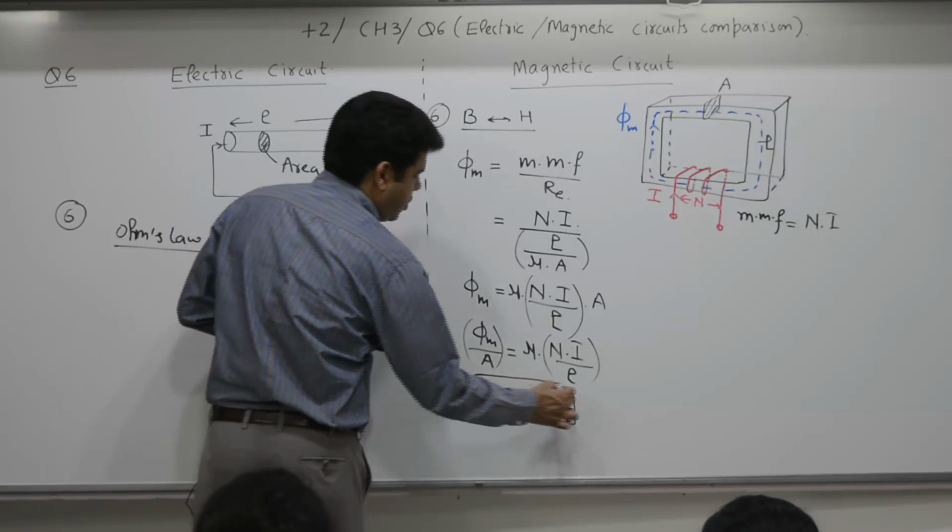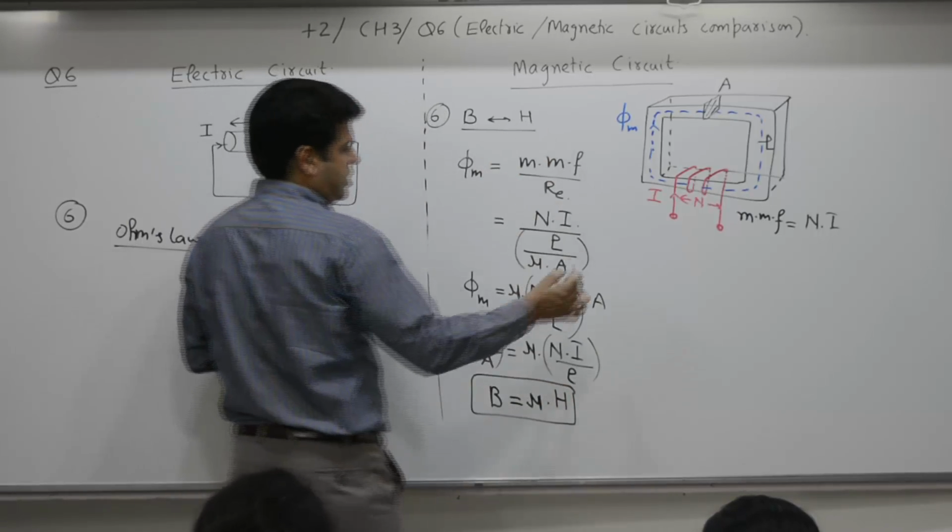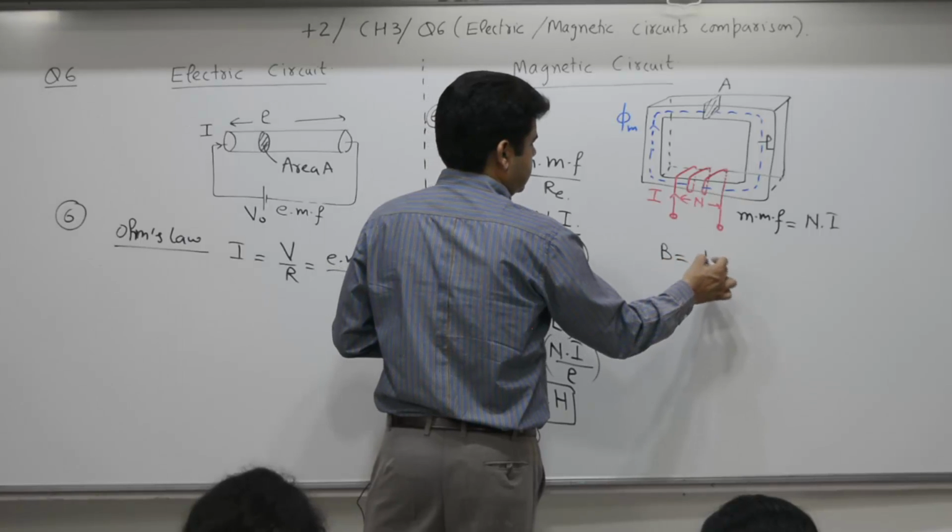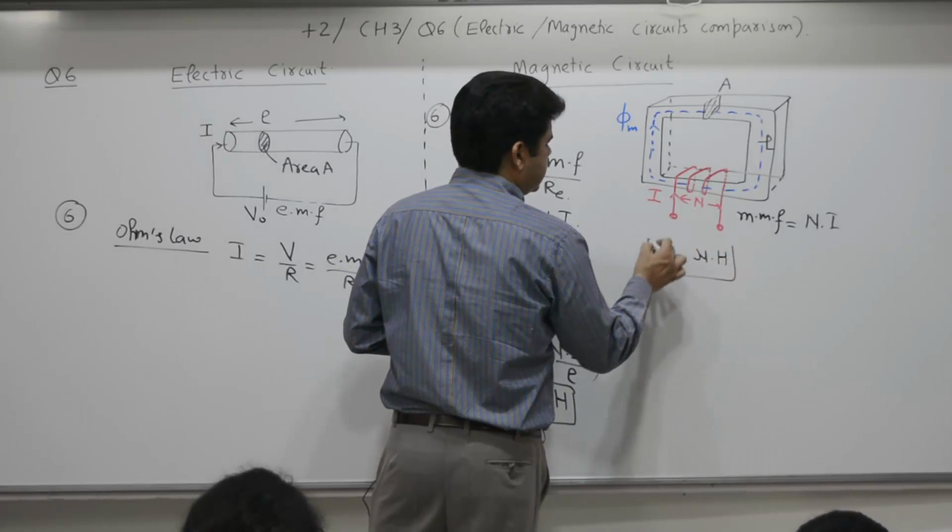H. So the relationship between B and H is what? B is equal to mu times H.